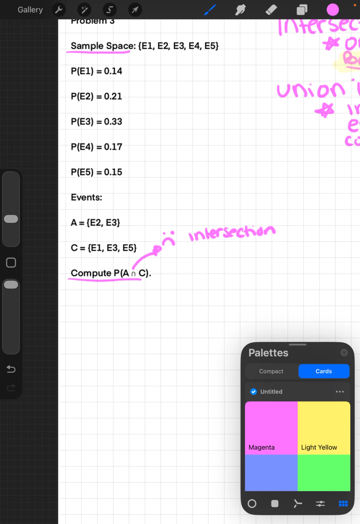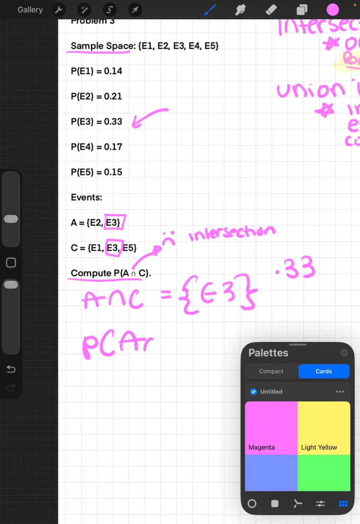I only see 3, so our E3, A and C. E3 is only 0.33. So the probability of A and C is 0.33.